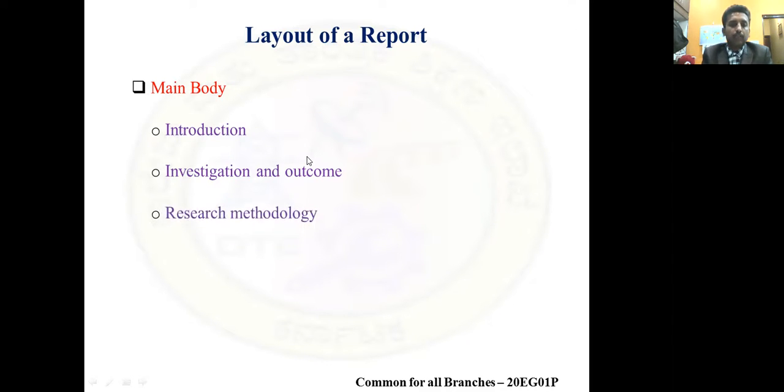The third element, research methodology. Under this we have to show and focus on the methods or tools which are used to collect the data.